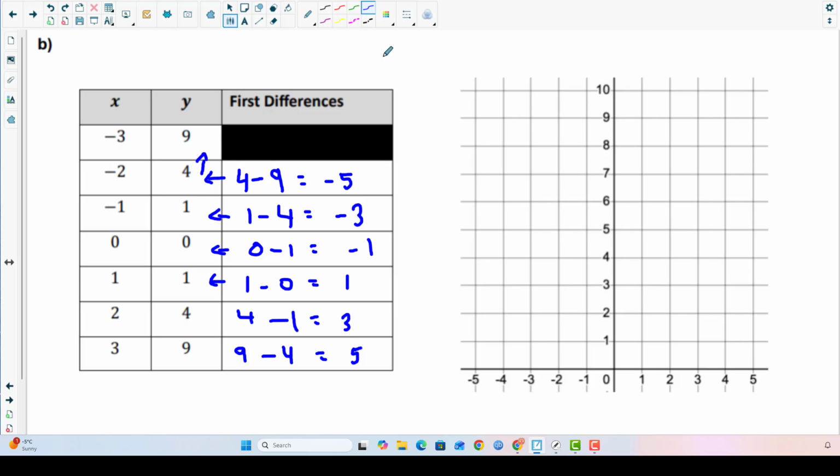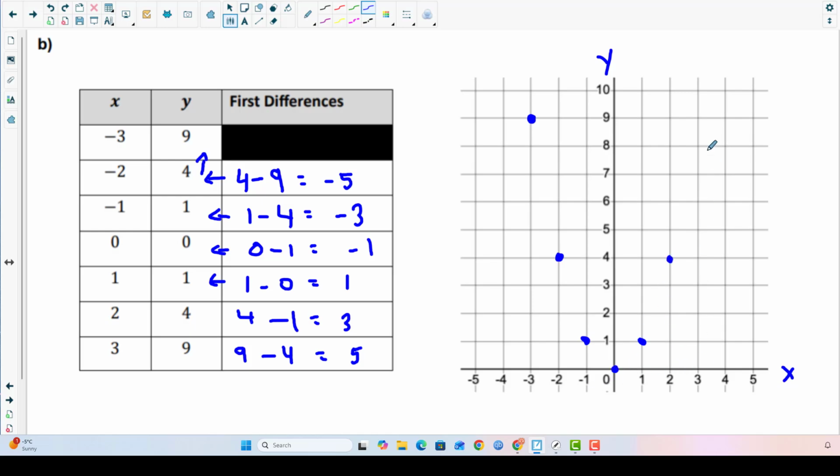And we're going to graph it to further prove that. So negative 3 and 9. Remember, this is our y-axis. Negative 3 is here, and 9 is all the way up here. We have negative 2 and 4. Negative 1 and 1. 0, 0, that's here. 1, 1. 2 and 4.